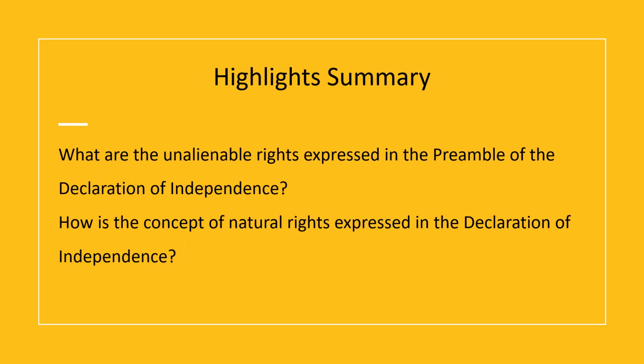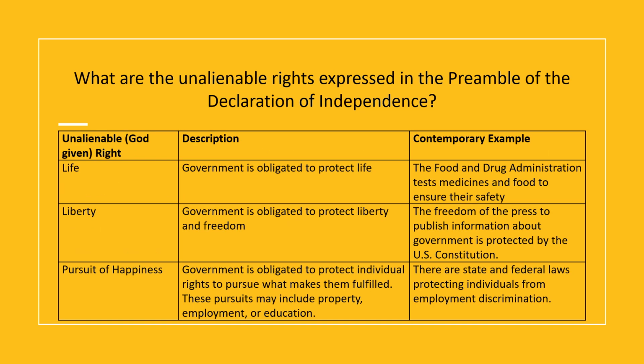So here are our highlights. What are the rights and how are natural rights expressed in the Declaration of Independence? So first we'll look at the concept of an unalienable right. This is a right that is given by God, where because a person is born, these rights cannot be taken away.